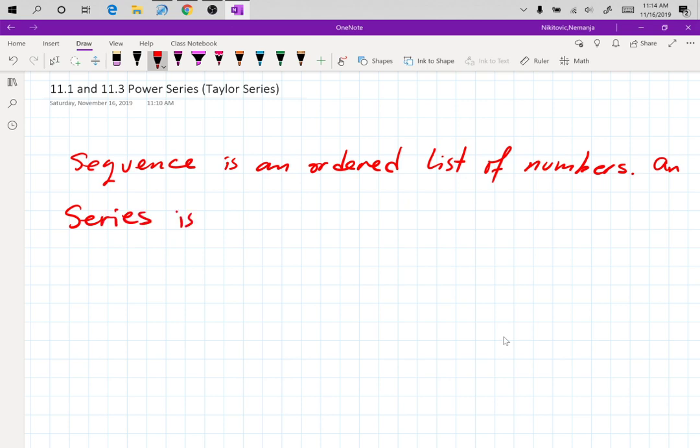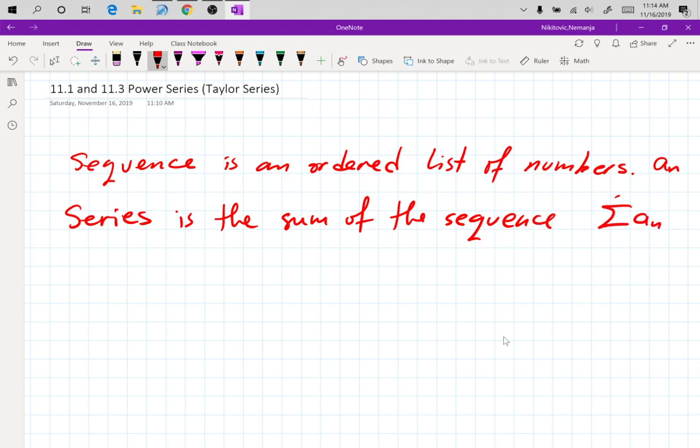Series is the sum of the sequence, and we had summation a_n, and we only considered infinite ones because the finite one always converges. Finite has a finite amount of terms. When you add them all up, you get a value, and that's it.